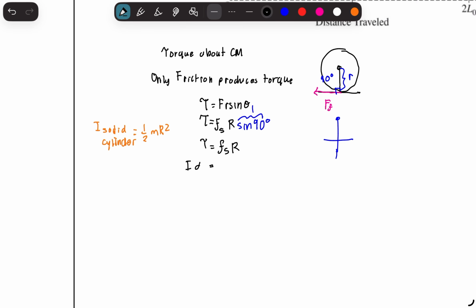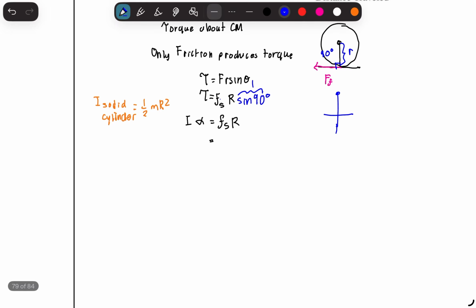So we can write I alpha here, and we can also divide by R. So we have torque equals Fs R. So we have Fs is equal to 1/2 mr alpha here times R. And we also have our rolling condition.